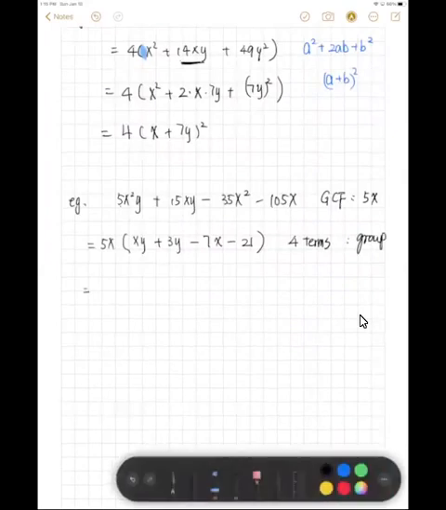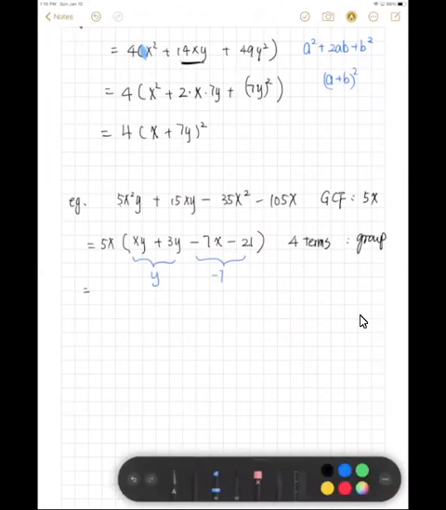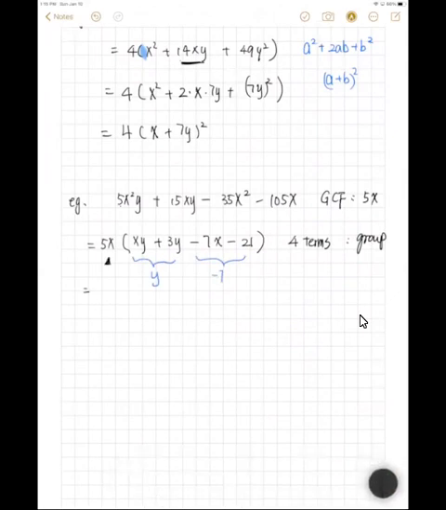So now when we group these, look at the first term. Common factor is y, and for this one, the common factor is what? -7. So when we group them, don't forget whatever is outside the parentheses. This is also part of the equation.